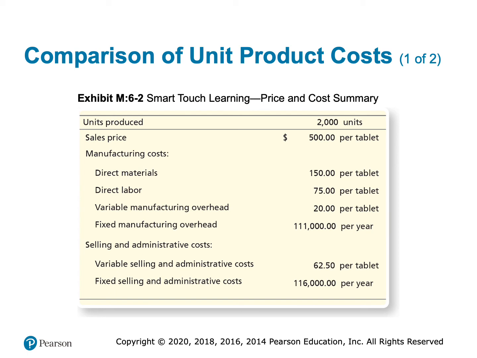So if we say $111,000 per year and we make 2,000 a year, then each unit's fixed overhead is $55.50 per unit.